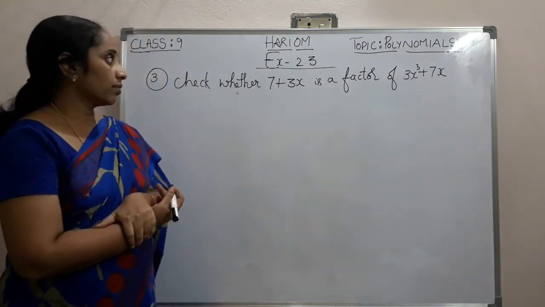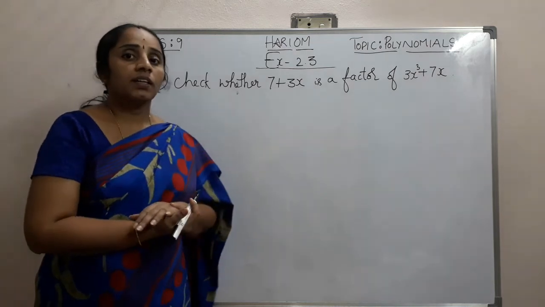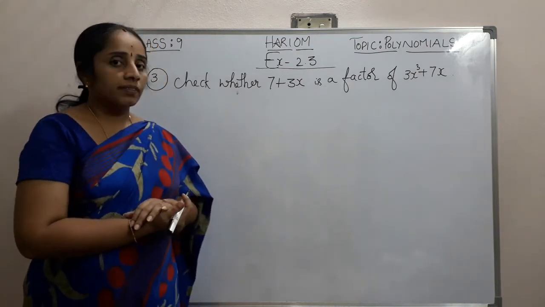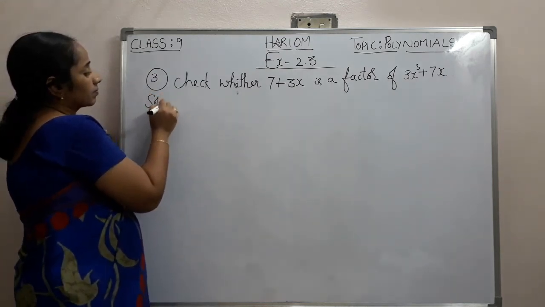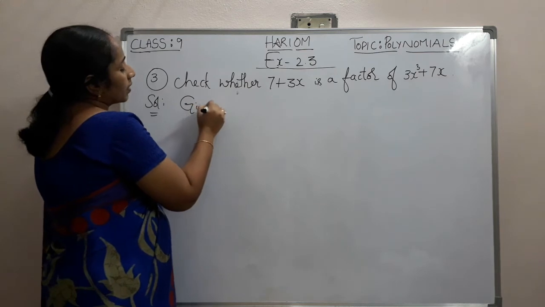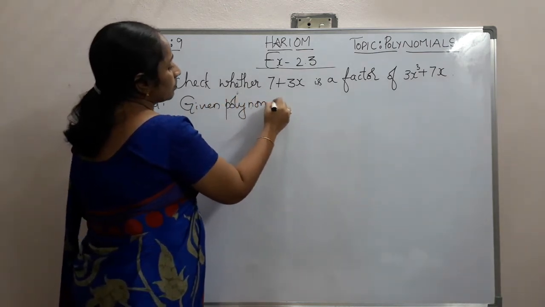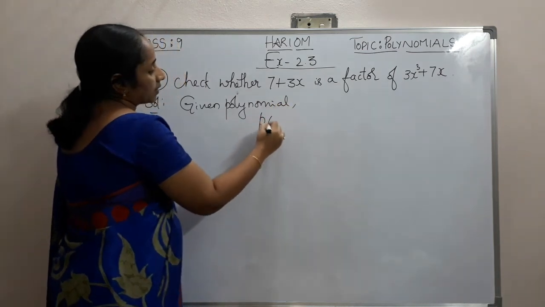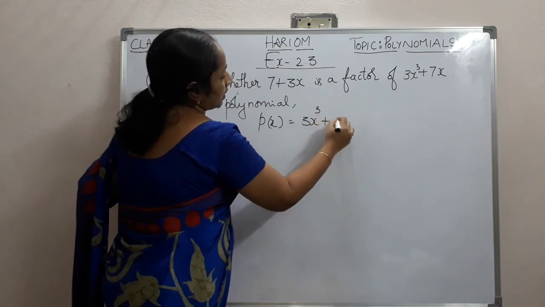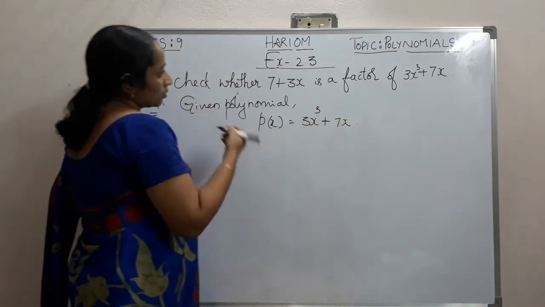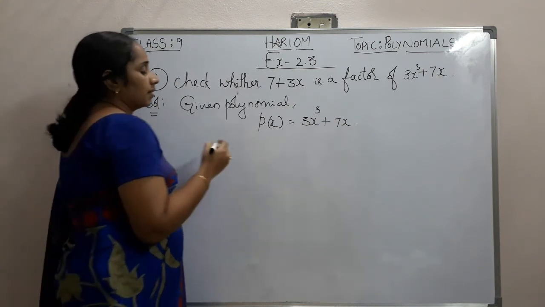Here also we are going to check that 7 plus 3x is a factor of 3x cube plus 7x. Okay. Given polynomial p of x is equal to 3x cube plus 7x. So what is the divisor they have given? It is 7 plus 3x.